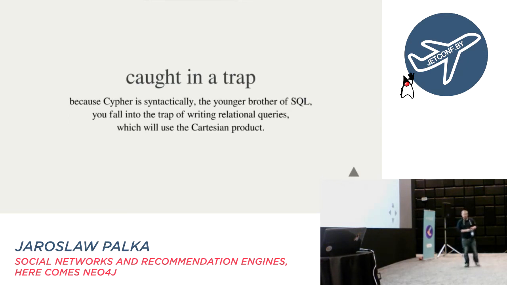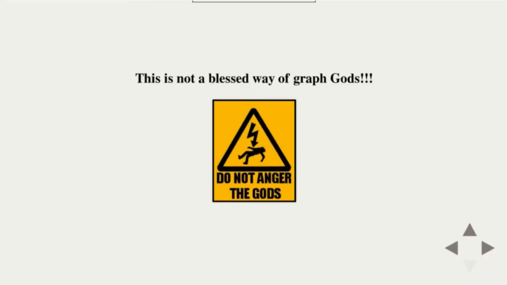Think about graphs and don't think about SQL in the context of Neo4j, because you will be writing Cartesian product queries, which kill Neo4j and any database if you have a Cartesian product. Yeah. So this is an important lesson. If you are in graphs, think like you are in graphs. Don't think about tables.